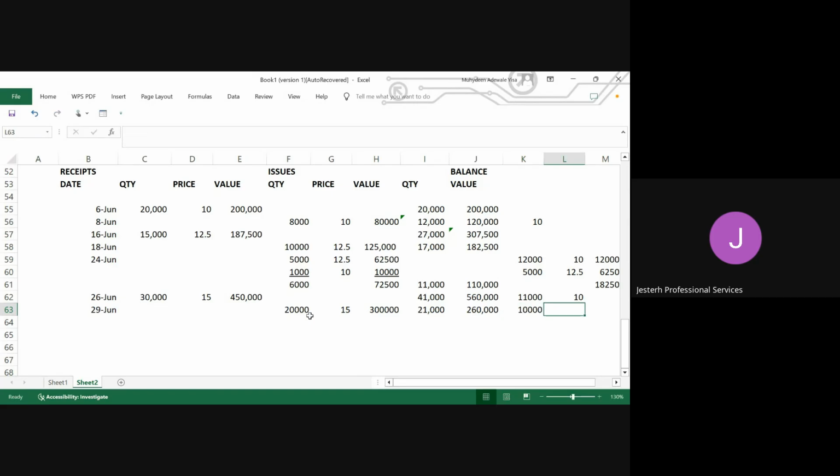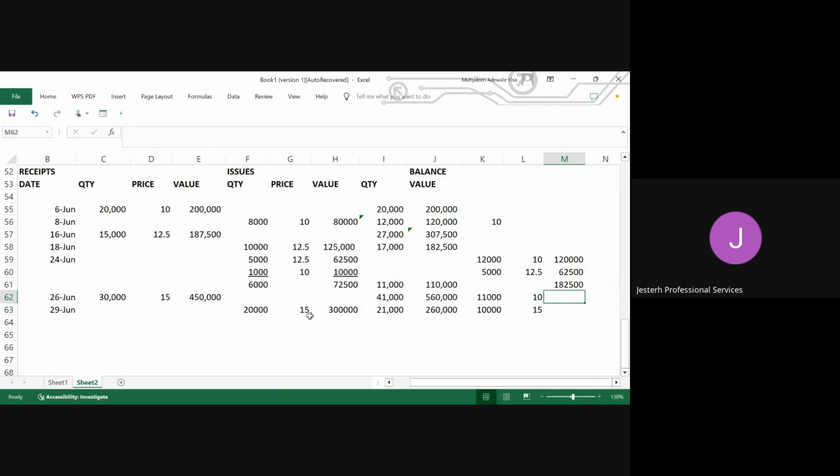Now 10,000 at what rate? At the rate of 15 naira, because that is the rate at which we purchased it. Then I calculate the total value of what we have in stock to see if it is in line with our total value. Now 10,000 multiplied by the rate of 15 naira.